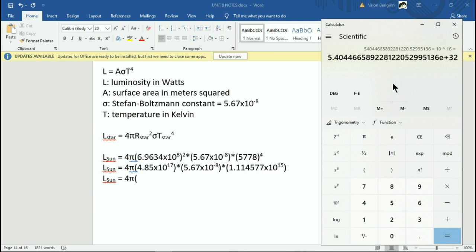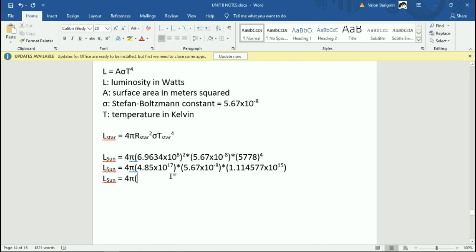And then we have times the Stefan-Boltzmann constant, so 5.67 times 10 to the negative 8. That doesn't look right. Hold on. Oh, because I haven't done the 4 pi yet. Okay, right.